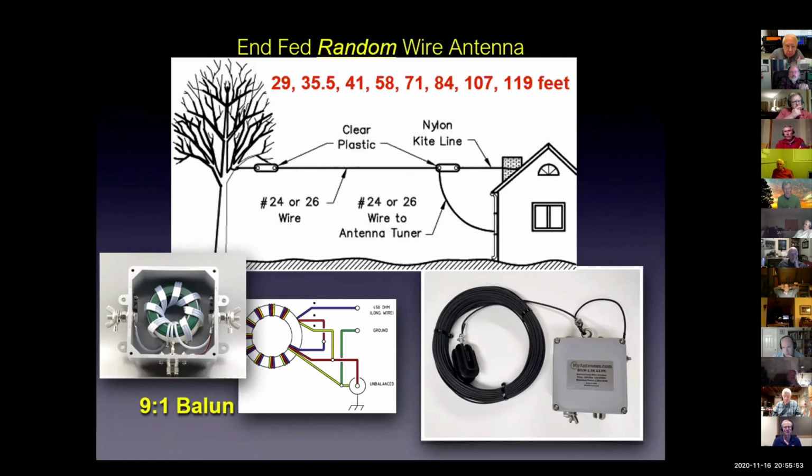So that was the intent of choosing one of these lengths, and then using a 9-to-1 balun to drop it further, and then using the built-in antenna tuner in your radio to bring it down from, say, 200 or 300 ohms down to 50 ohms, so that you can get on the air and talk to your friend in New York or wherever and have a good signal.